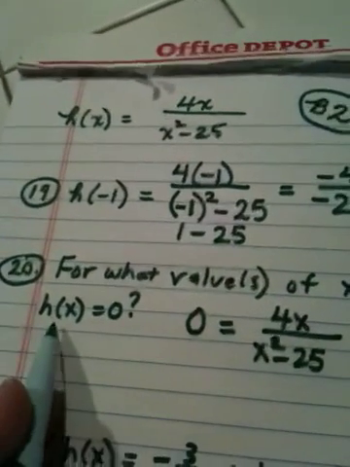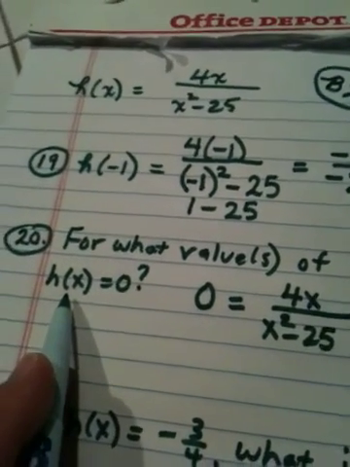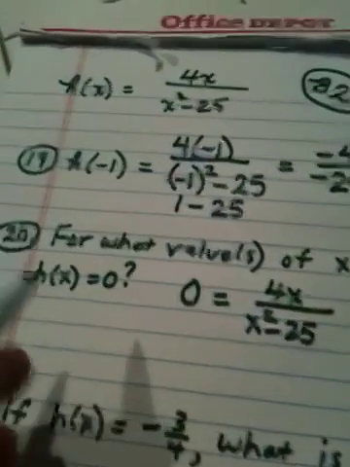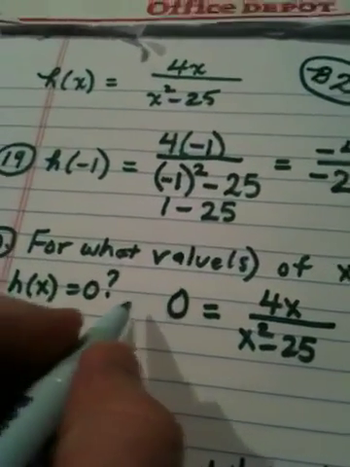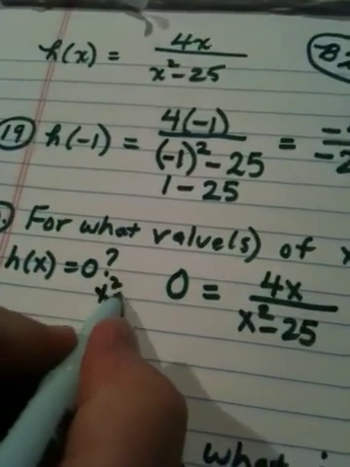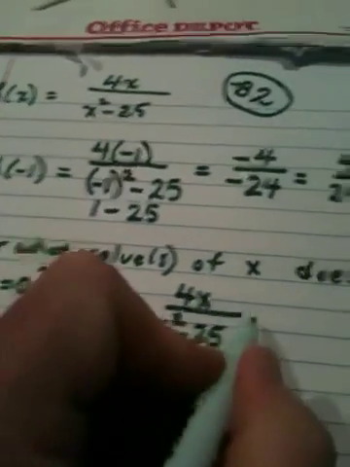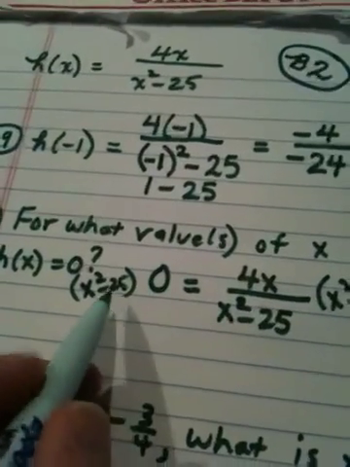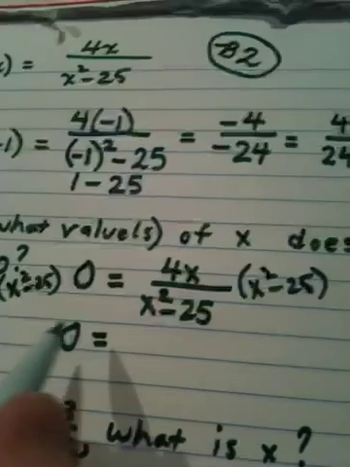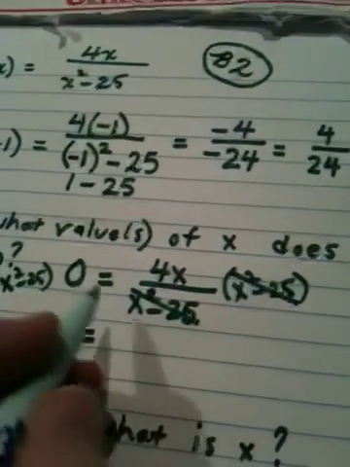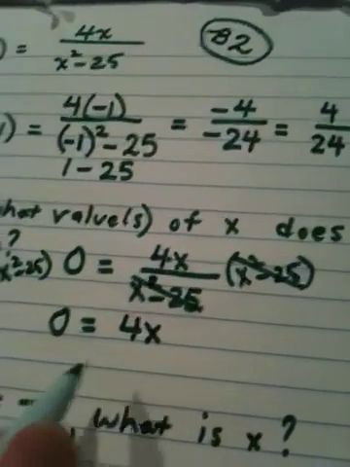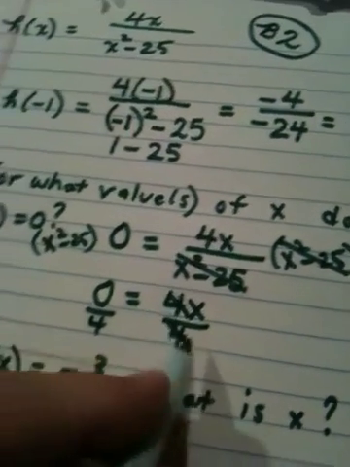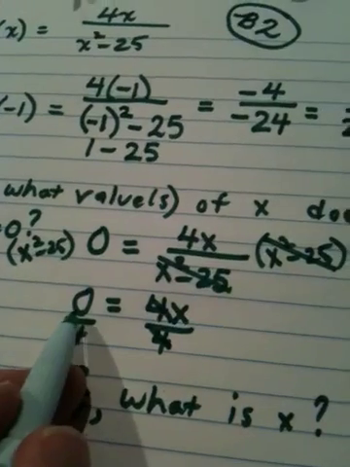We replaced h of x, which is y, with 0. And now we're solving this equation. I multiply both sides of this equation through by x squared minus 25 to clear fractions. That's my LCD. Over here, of course, 0 times anything is 0. On this side, these cancel, leaving me with 4x. And then when I divide by 4, I get my answer, x is 0.